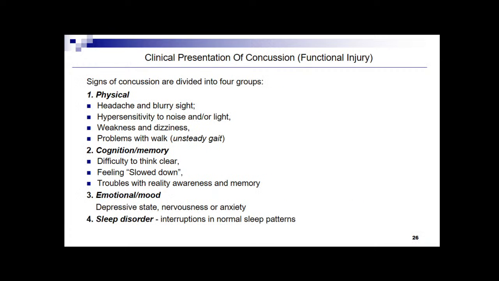We can classify all the functional symptoms into 4 groups. The first group is physical symptoms, manifested with headache and blurry sight, hypersensitivity to noise and light, weakness and dizziness, and problems with walking, unsteady gait in the early post-traumatic period.